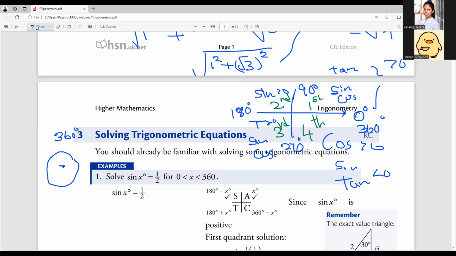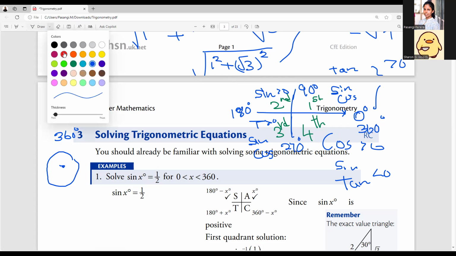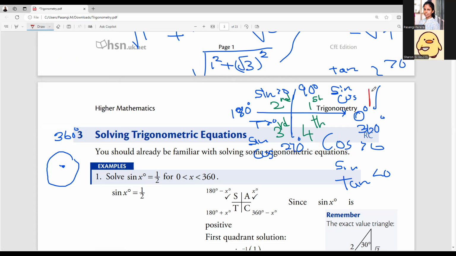How I remember this is by a phrase. Those days we also used "All St. Thomas College". All stands for all three ratios being positive. Here only S is there for the second quadrant, that means only sine is positive.